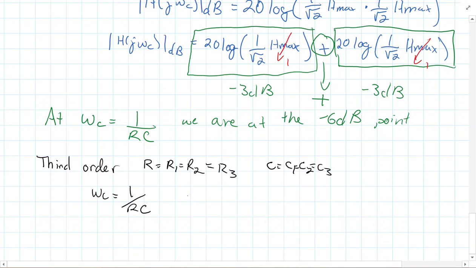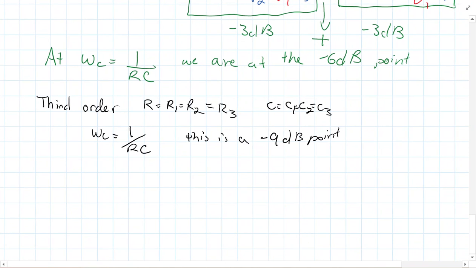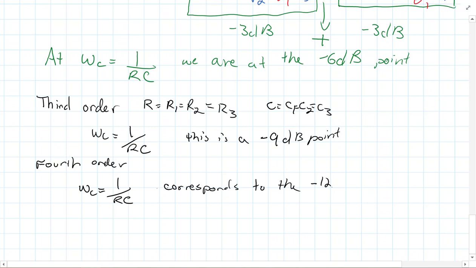But now this is a minus 9 dB point. And so then for a fourth order, we can continue on here, assuming that we let all the resistors be the same and capacitors be the same. We get omega c is 1 over RC, but this corresponds to the minus 12 dB point.